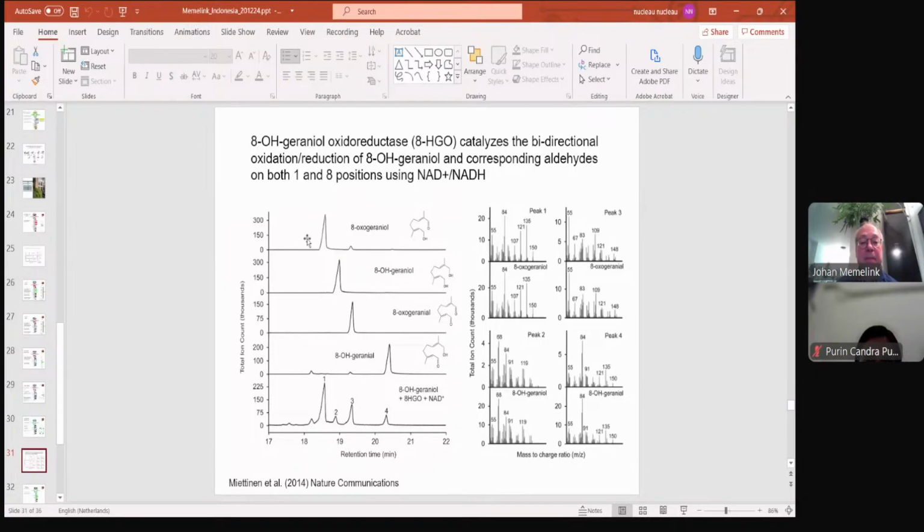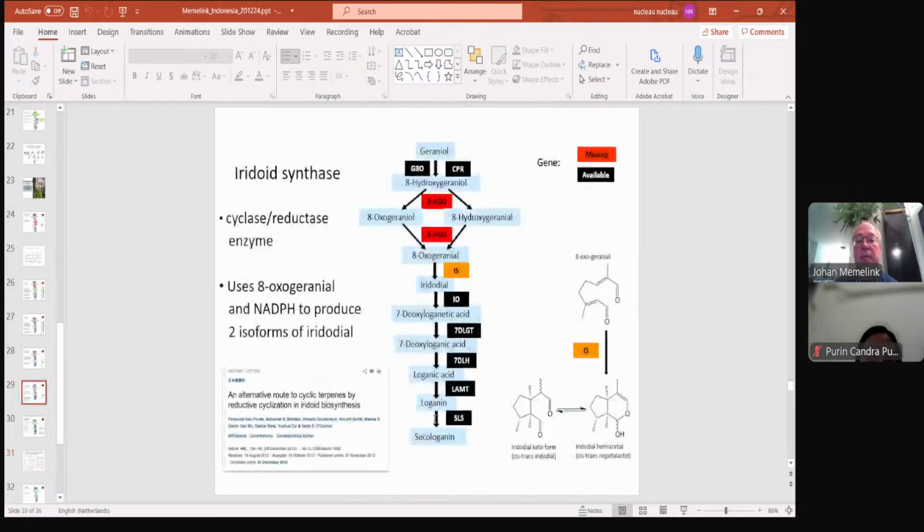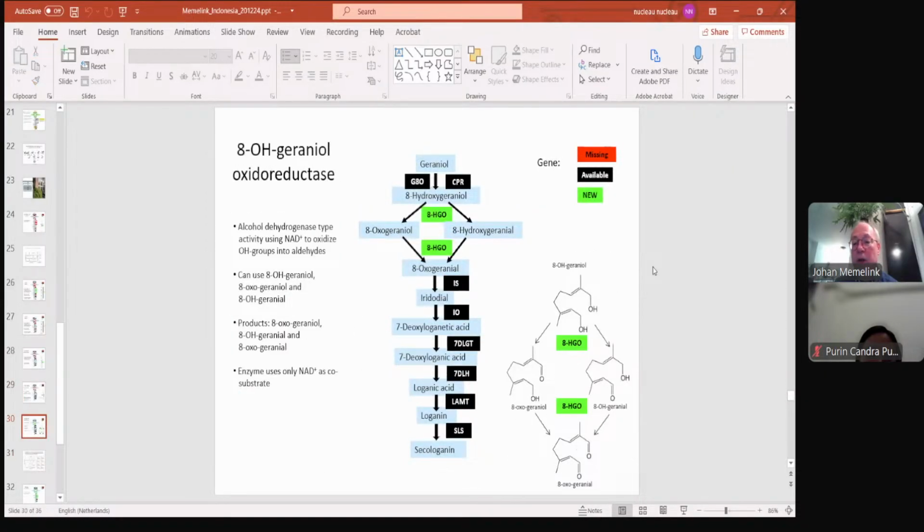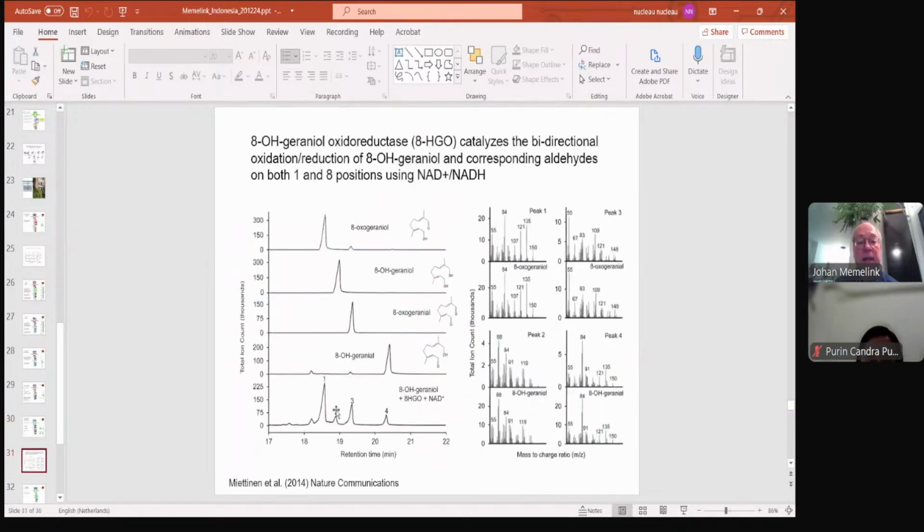And at the bottom run is the enzymatic reaction, where the substrate, 8-oxogeraniol, was incubated with the enzyme, and you see that all the different compounds are formed because the enzyme works in this type of grid. So it can convert the top substrate to any of the three products. And that is what you see here in this bottom HPLC run, that you can find all the different products.